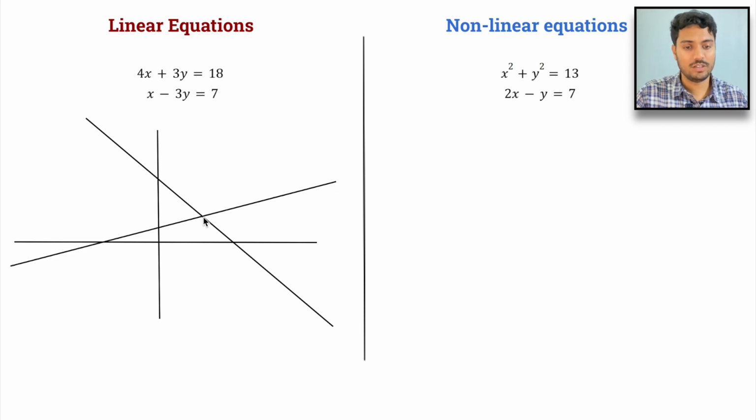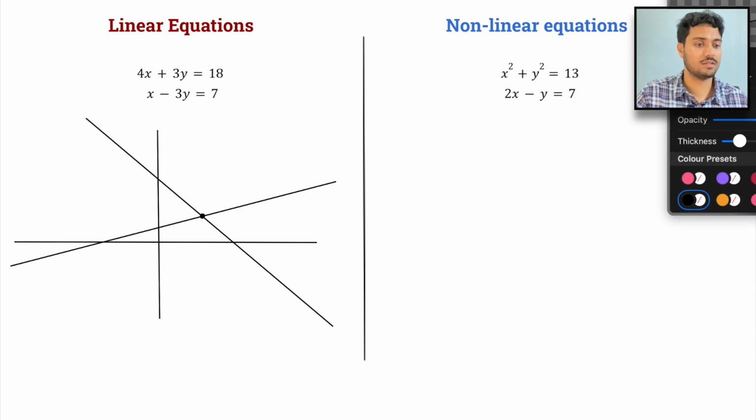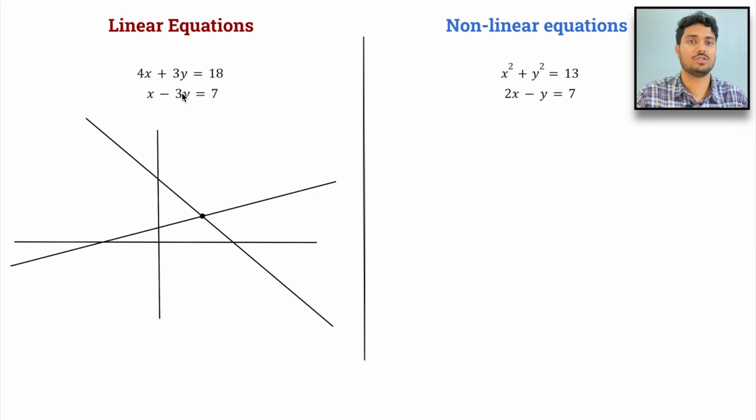So the point of intersection gives you the values of x and y. When you solve these equations either by the elimination method, the substitution method, or even the graphical method, those x and y values are actually the point of intersection.